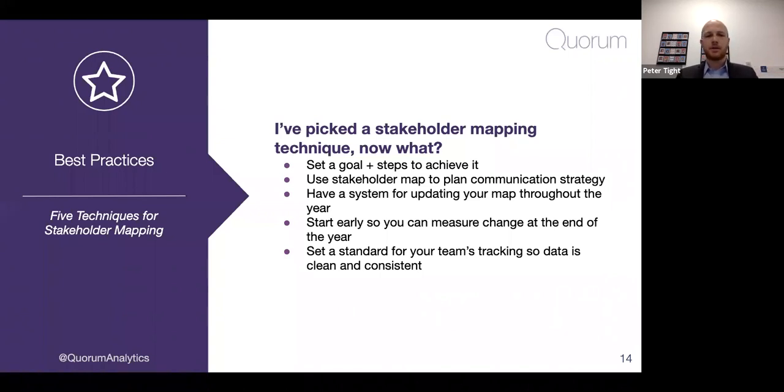So a benefit of using Quorum to map your stakeholders is that our spreadsheets tool, which we've been looking at a version of in Quorum, is going to be auto-updating and auto-populating. So the information in the sheet that we've been showing you is always going to be the most up-to-date.